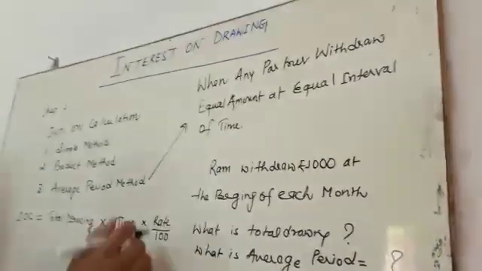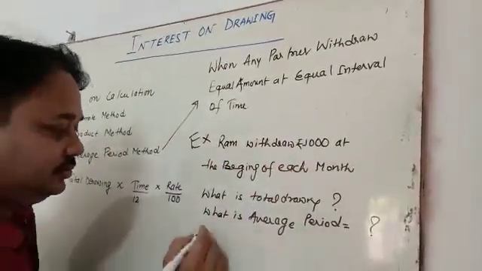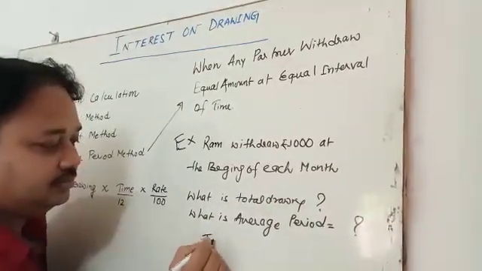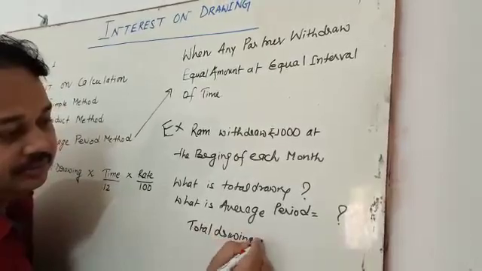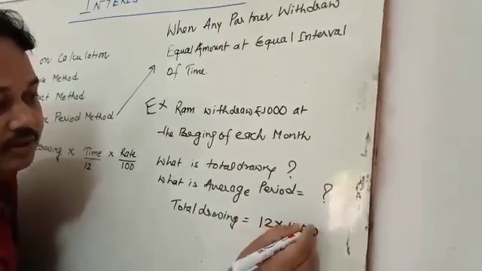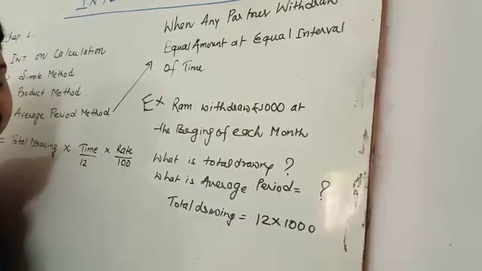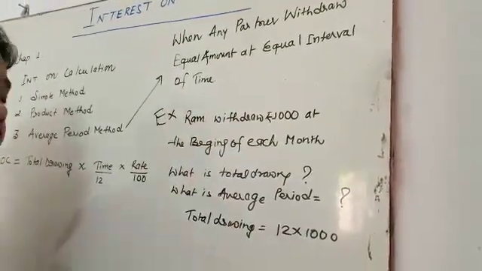My dear student, in this example, total drawing we are going to calculate. Simple, total drawing is equal to 12 multiply 1000, because he is going to withdraw 1000 every month.